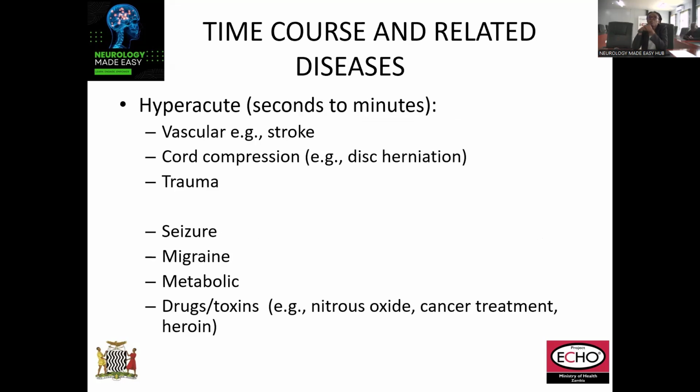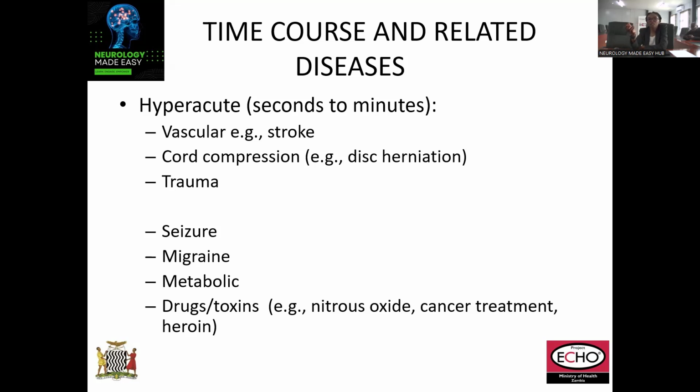And so thinking about time course, we classify into hyperacute. This is the symptoms happening within seconds to minutes. Usually these are, you think about etiologies in terms of vascular events like stroke, as I mentioned a bit earlier. If it's the case of the bilateral lower limb weakness that we have in our scenario, you think, could this be a cord compression where the disc herniates and quickly the spinal cord is impacted and suddenly somebody develops a paraparesis?